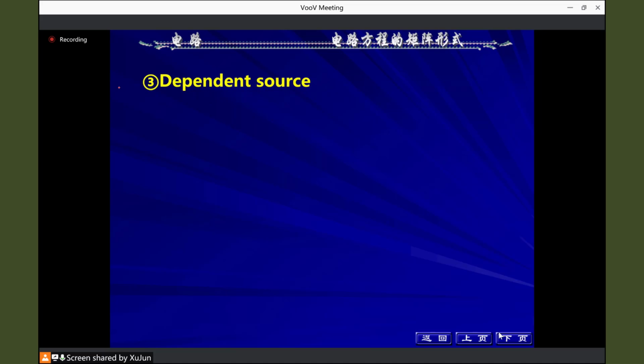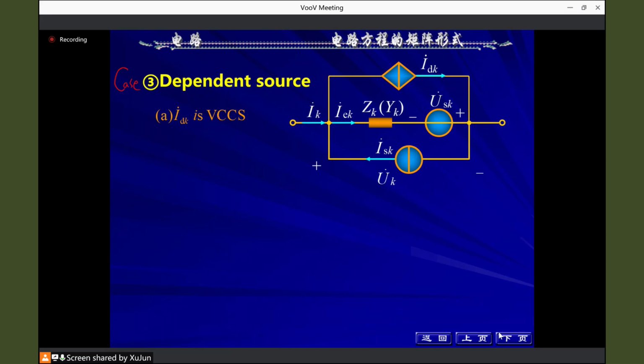Case 3: if there is a dependent source in the circuit, for example, a voltage control current source, assume IDK equal to GKJ UEJ.